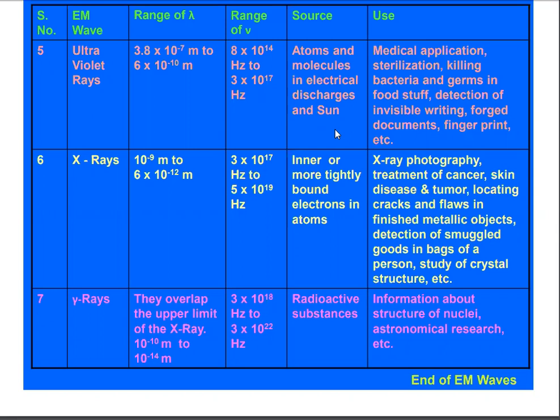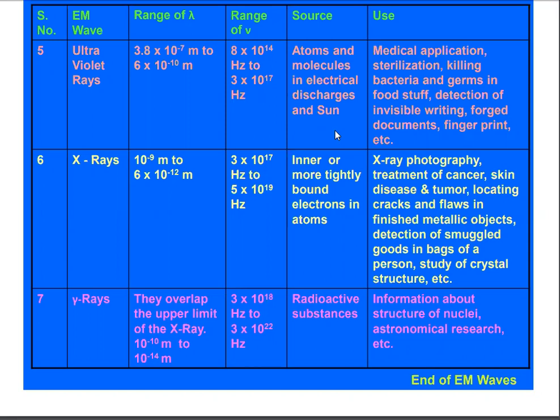The last component of the electromagnetic spectrum is gamma radiation. Gamma rays overlap the upper limit of X-rays and range in wavelength from 10^-10 meter to 10^-14 meter.